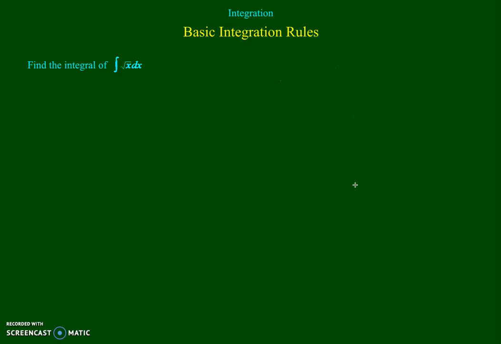Here we have a similar idea to the one before. We have the antiderivative of the square root of x. Well, we don't have to have any special rules for this. This is just the power rule of integration. So let's rewrite again. This is x to the 1/2 power. And so, as we normally do, add 1 to the exponent.